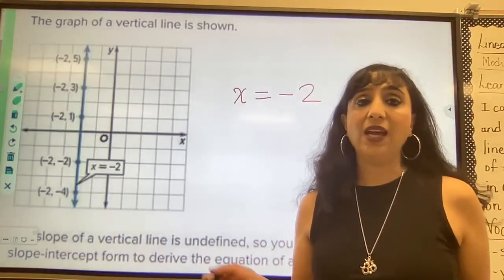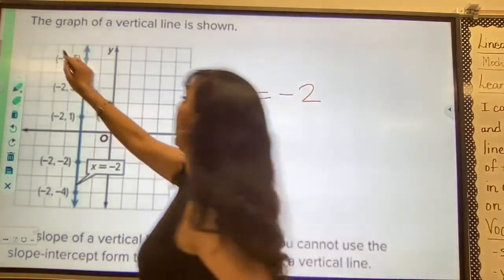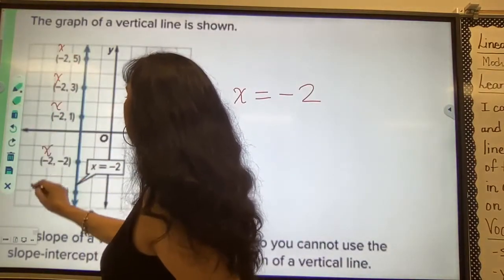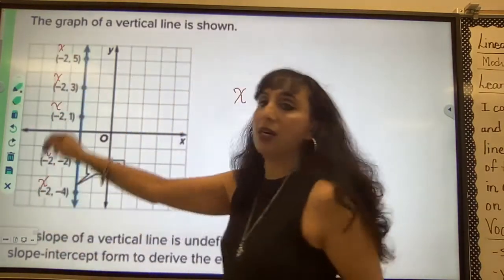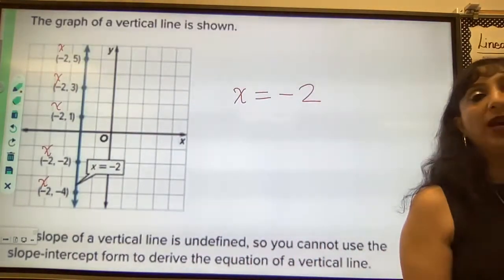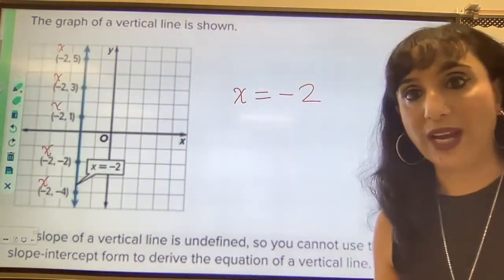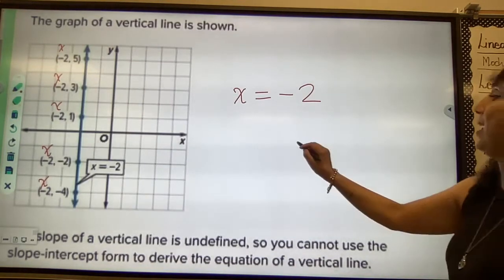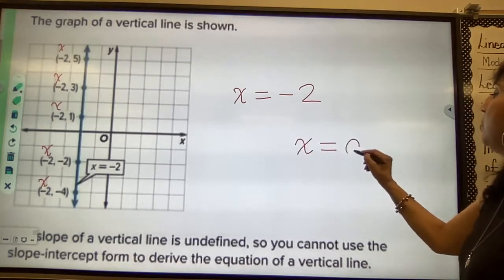And all we say, as you can see, all the x's here, this is x, x, x, x, all the x is going to be the same value. So we can just say x = -2. All right. Therefore, the equation of any vertical line can be written as x = a certain value.